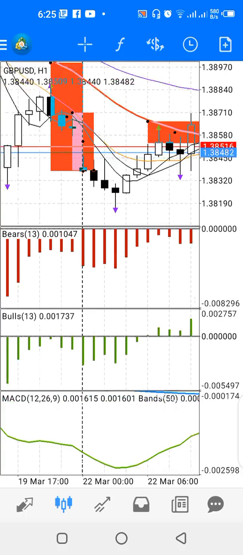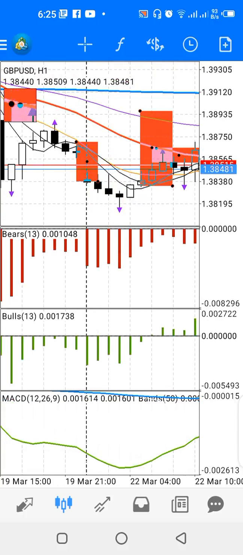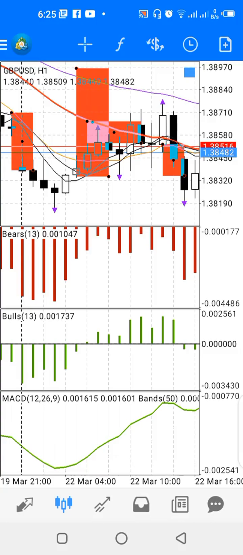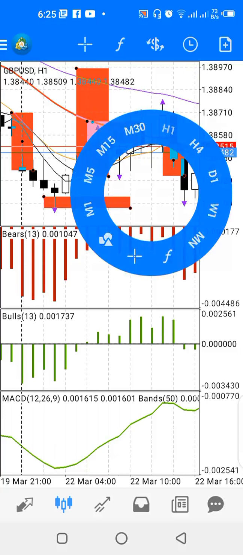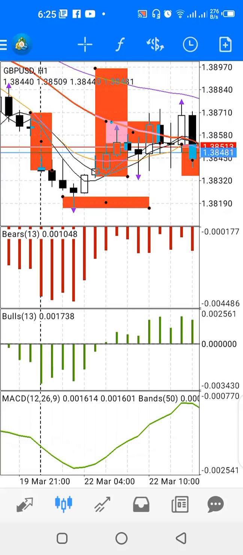An idea is when price first drops below, it will go back into the range zone. Then you mark the low of the first drop. This is the first drop, and this is the low of the first drop.